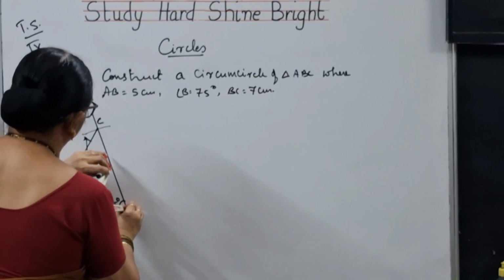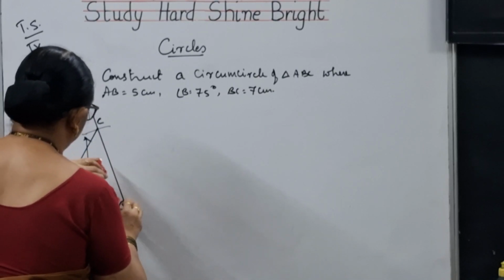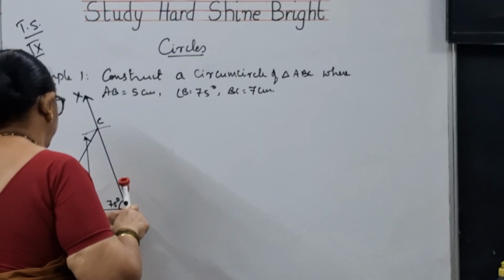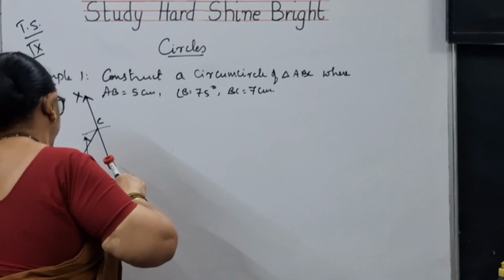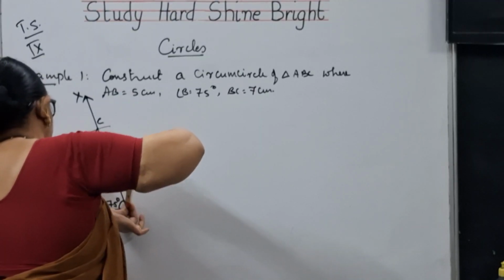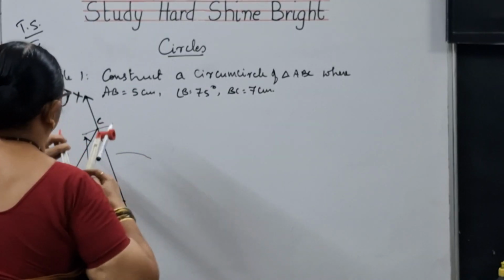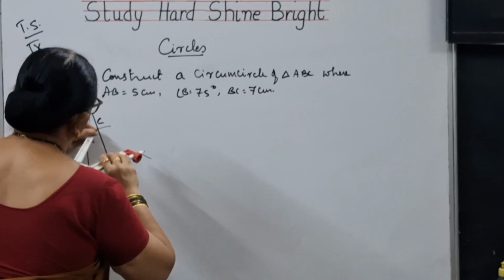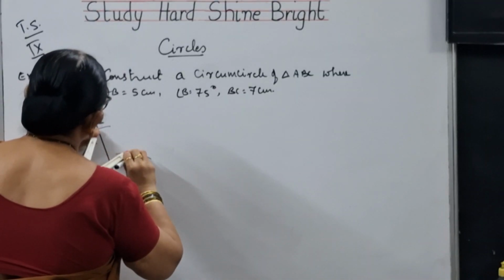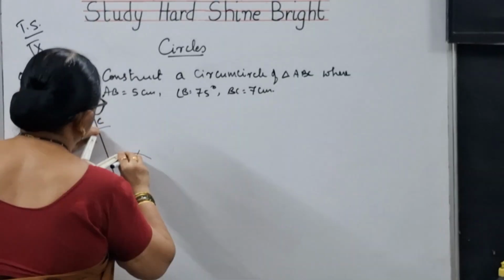So more than half of BC as radius. One arc this side and one arc this side. Again, with the same measure, C as a center, cut this arc.